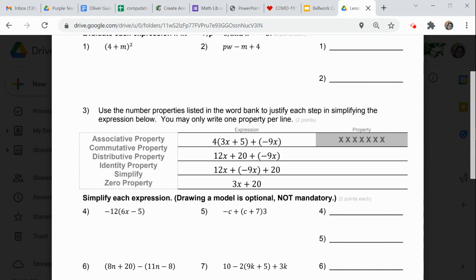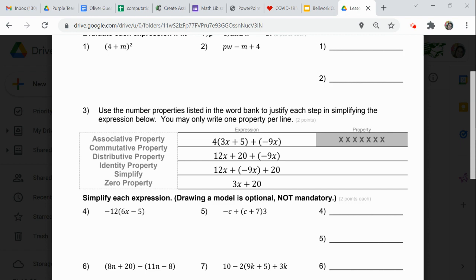Commutative property, you're changing the order. Distributive property is you're multiplying what's outside the parentheses to everything inside. Identity is like when you add 0 or multiply by 1. Simplify means you're finished. That's your end product. And zero property means you're multiplying by 0.